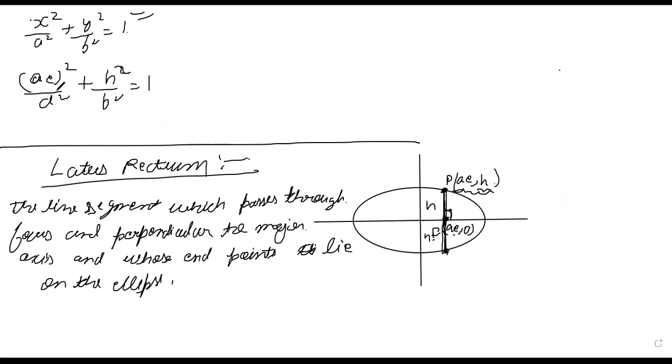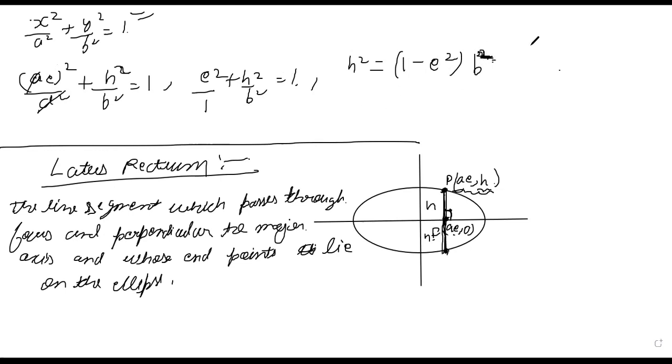So a square and a square, we can cancel them. So e square plus h square upon b square equals to 1. So h square will come out to be h square equals to 1 minus e square into b square.